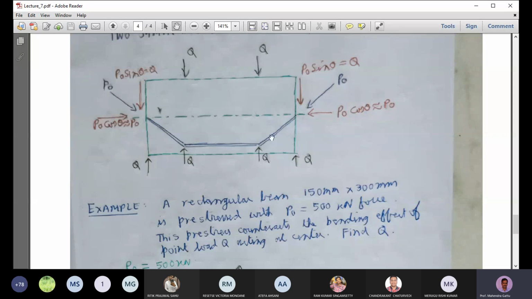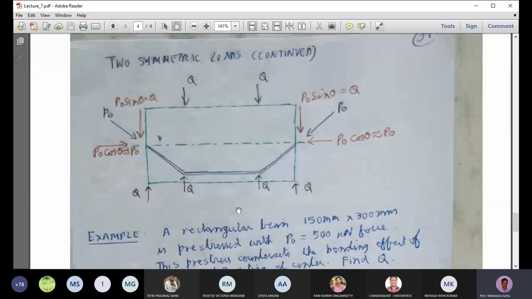The entire thing is in balance. The horizontal components are balancing each other, but this beam will be in a state of compression under the action of these external loads, and it will still be straight. It will not sag because we have these cable forces. So this is the force approach to do this analysis.